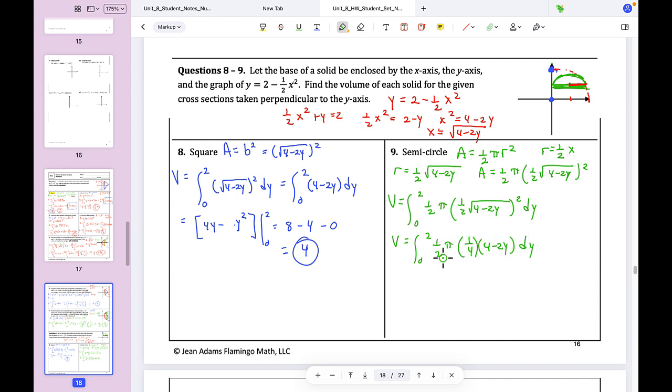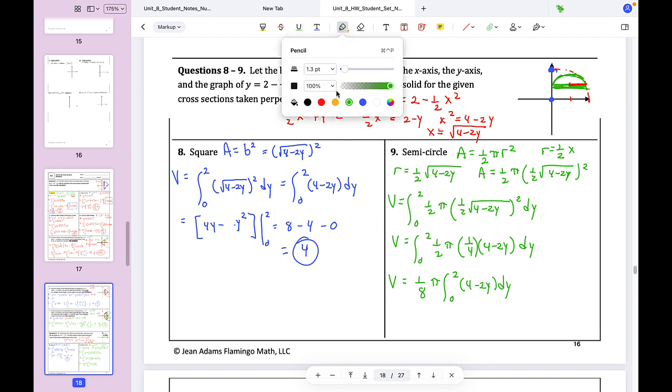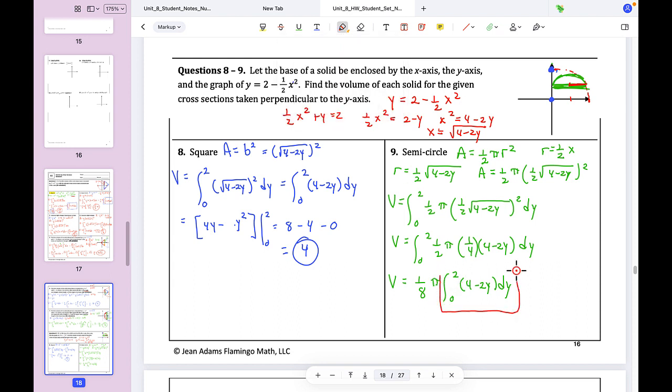Okay, so we can take all these constants out. So volume equals 1/8 pi times the integral from 0 to 2 of 4 minus 2y dy. Now this integral part right here, we just did that over here, so I can just use that information instead of redoing it.